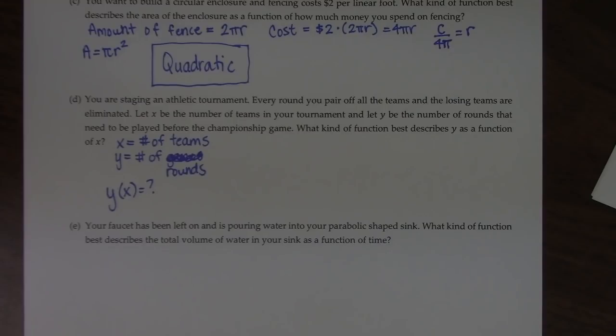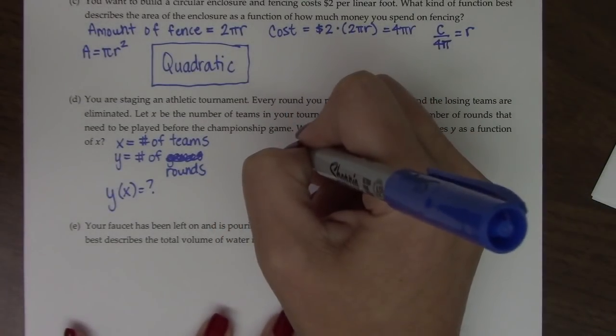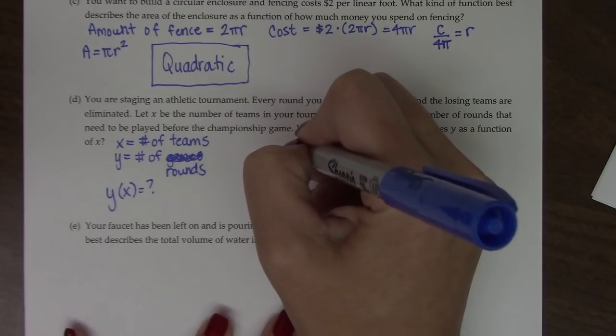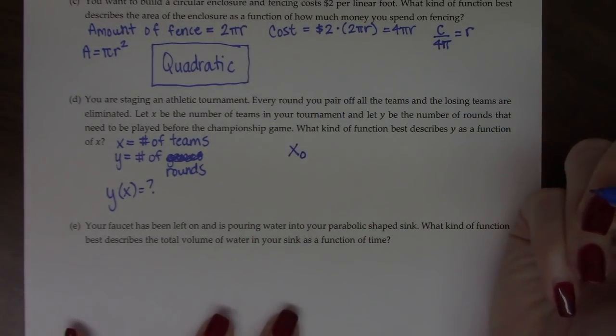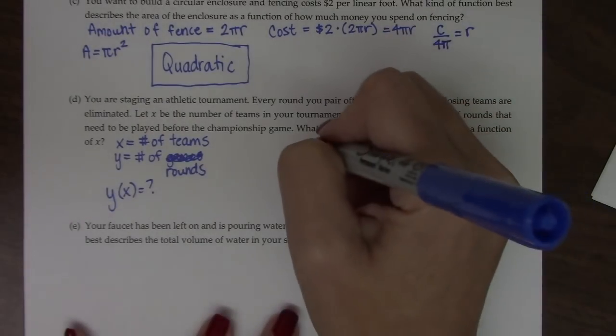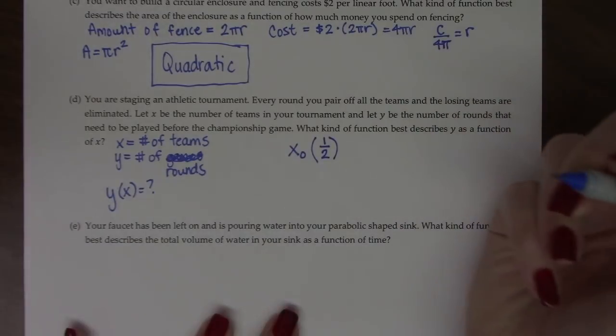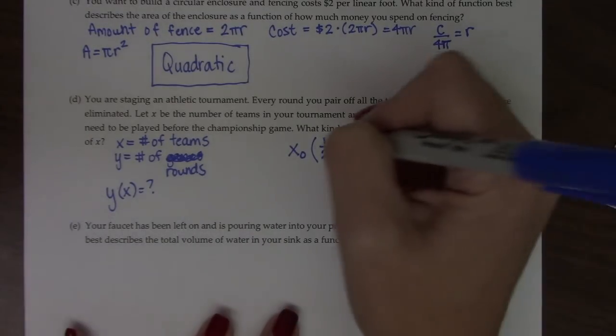And this actually sounds a lot like our blackjack example that we did earlier where we were betting half the money. So the easier way to set this up would be to say, if I start out with X teams to begin with, I'm just going to call that X naught. Every round I play, the number of teams reduces in half.